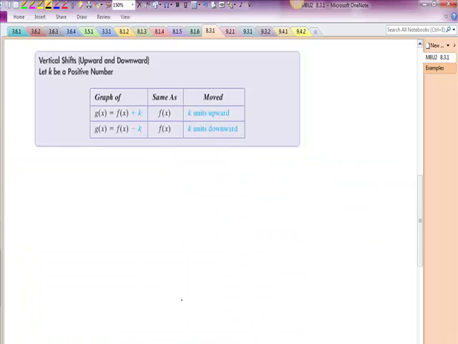Now, let's take a look at what that means. Suppose you have f of x is x squared, and you have g of x, which is this function, x squared, but you add a constant to it. That means that the graph of g will look just like the graph of f, but it will be shifted up.